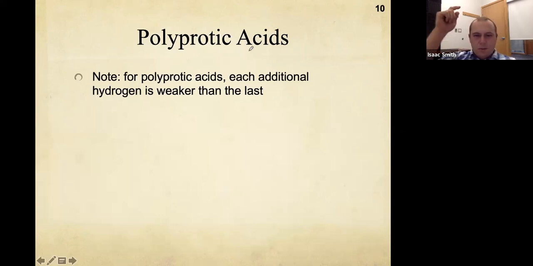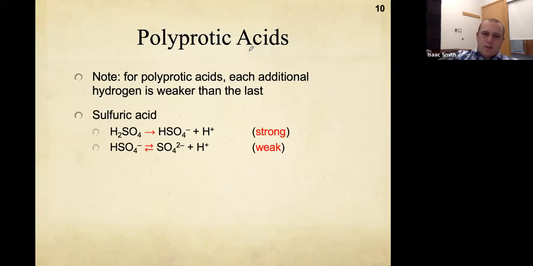Polyprotic acids. So polyprotic acids are acids that have multiple hydrogens to give up. Right, an acid donates a proton. So something like sulfuric acid could give up a proton and become hydrogen sulfate. Hydrogen sulfate can then go on and give up another proton and become just sulfate, right?